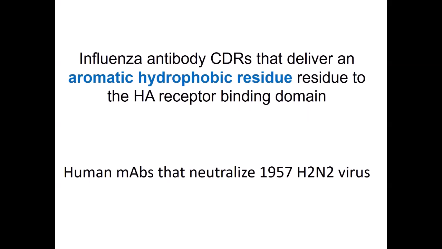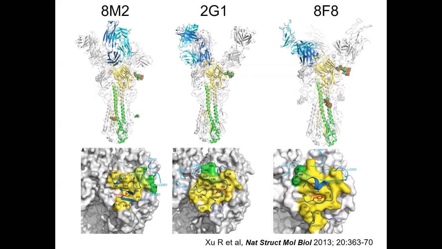So we looked at middle-aged individuals who had lived between 57 and 68 when the H2N2 virus circulated in human populations. And we obtained a large panel, but these three monoclonal antibodies, Ian Wilson's group at Scripps obtained co-crystal structures, shown here for antibody 8M2, 2G1, and 8F8.